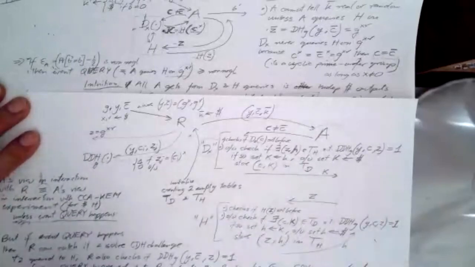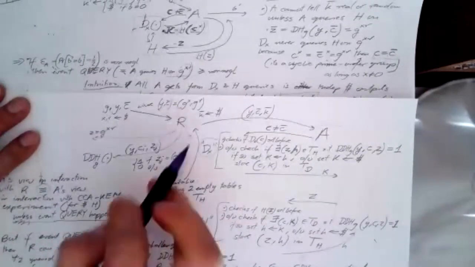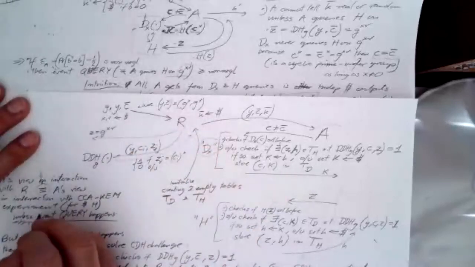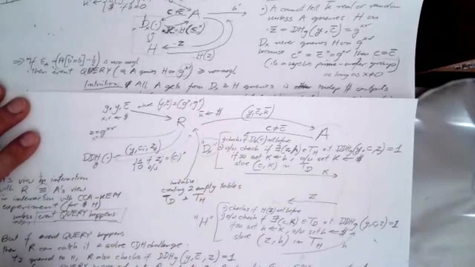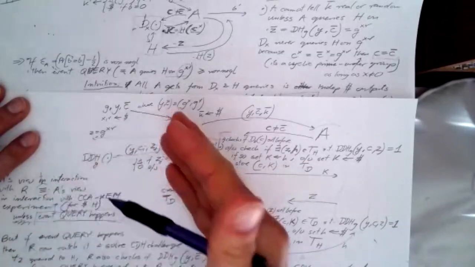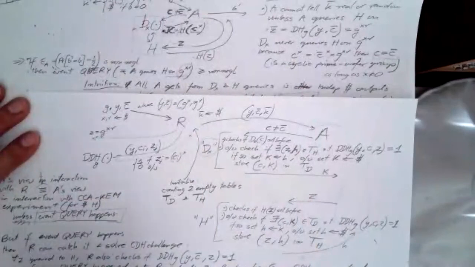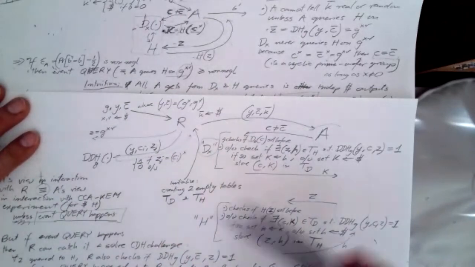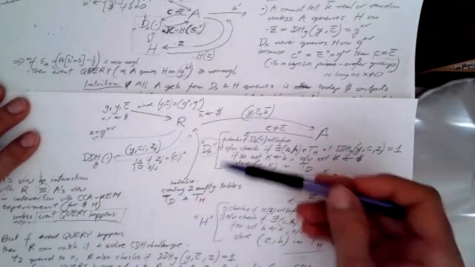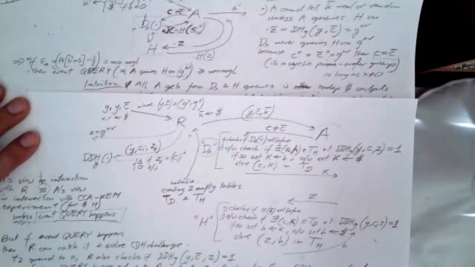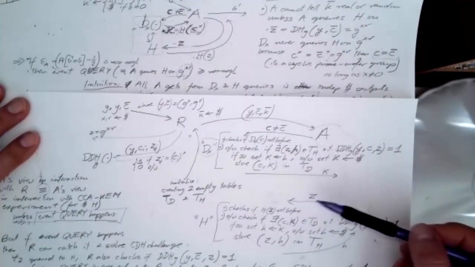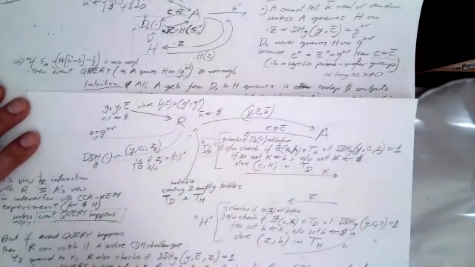So it's an example of a reduction where the view is imperfect. There is some event where the reduction and the security game can be distinguished. But that is exactly the event which allows the reduction to solve the challenge. So the only way for A to tell the difference between reduction and security game is to create something that at that point makes the reduction solve the problem.